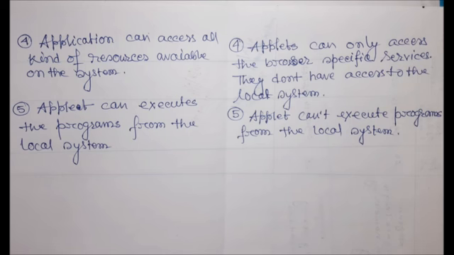We have also seen how to use some Java specific methods, for example setBackground and setForeground using an applet, and what the main differences are between applet programming and Java application, right. These are the main differences between applet programming and Java application.